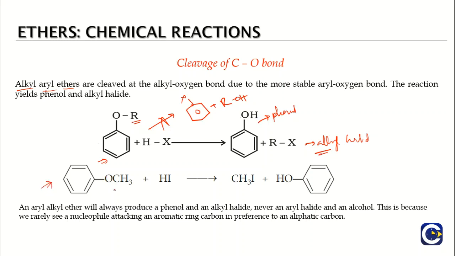So an alkyl aryl ether will always produce phenol and an alkyl halide, never an aryl halide and an alcohol. This is because nucleophilic attack on an aromatic ring is rare. The aromatic ring is electron rich, it has a lot of electron density, so it cannot be attacked by a nucleophile, as it has a lot of negative charge on its ring.